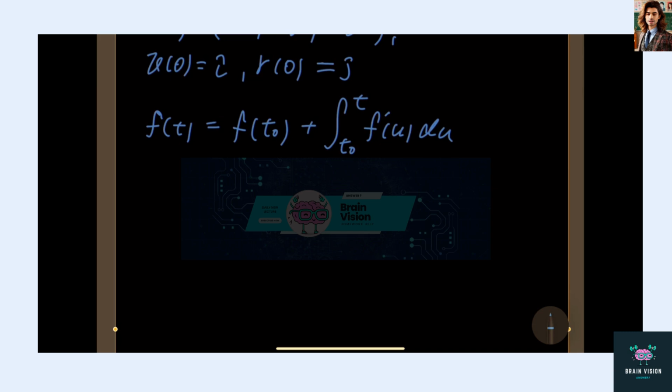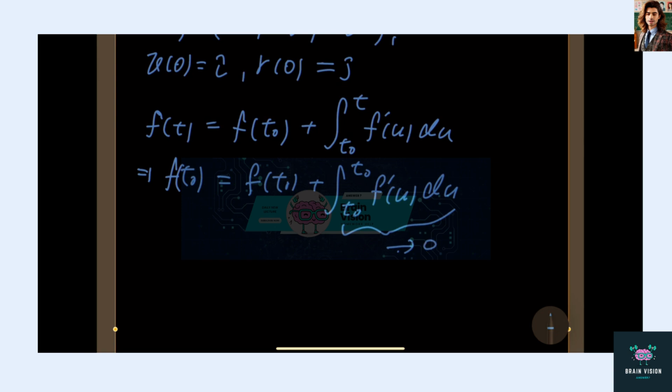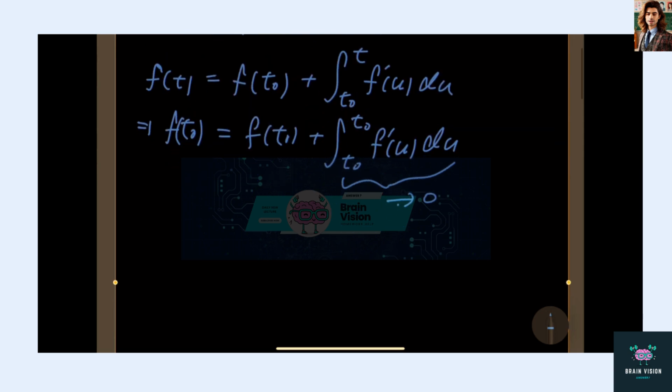Because you see, if you evaluate this function f, it doesn't matter if it's a single value function or a vector function, you get f of t0 plus the integral from t0 to t0 of f prime of u du. So this term is 0, right? Because we were taking the integral from a point to the same point. So this is what we're going to use to find the velocity and position vector.